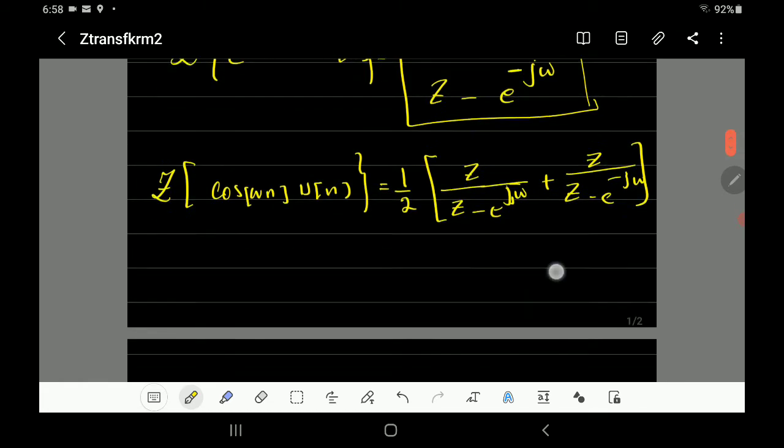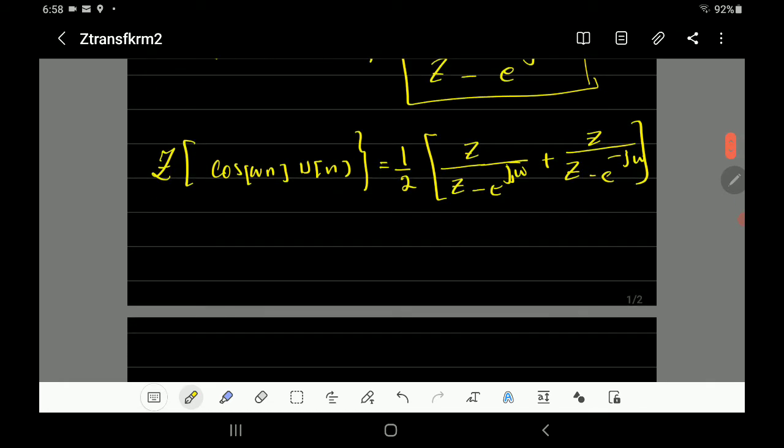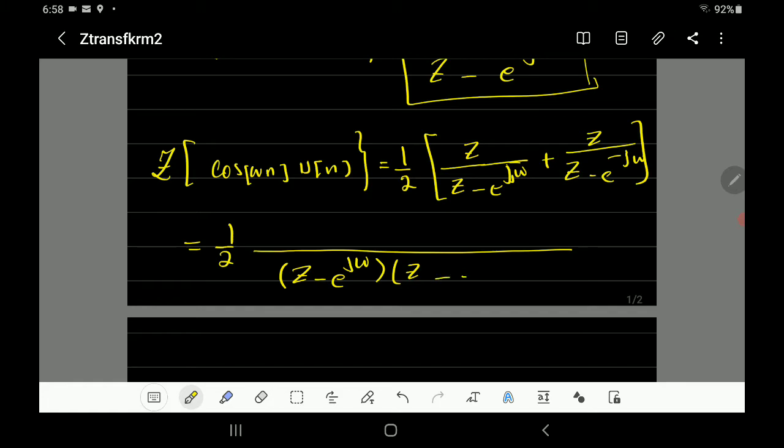Now I need to simplify the expression. Obviously I have to find the common denominator, and the common denominator here will be z minus e to the j omega times z minus e to the minus j omega, and then you start to multiply this part by this part.